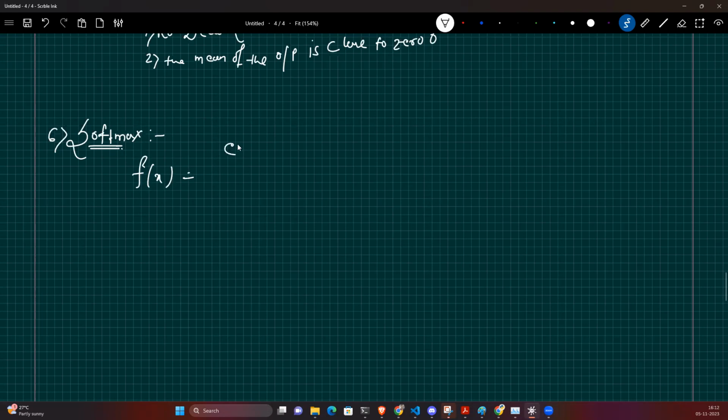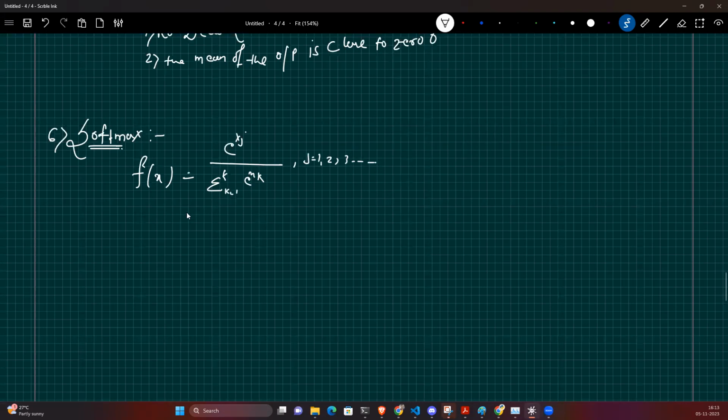It is e to the power x_j divided by the summation over k from 1 to K of e to the power x_k, where j is equal to 1, 2, 3. So how is it applied? Let's suppose you are trying to solve a 10-class classification problem, where the output can be in one of 10 categories: 1, 2, 3, 4, 5, 6.